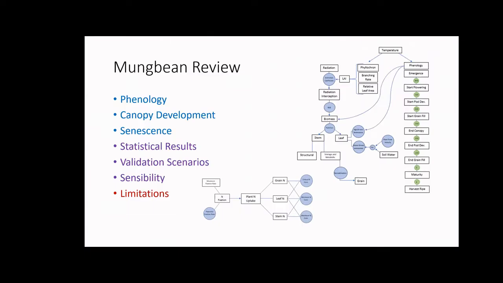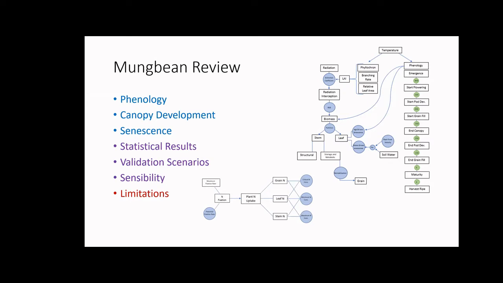More specifically, you can see the outline of the model here on the right of the screen, where the boxes are measured data from various experiments, and the circles are parameter values that I deduced from that measured data.